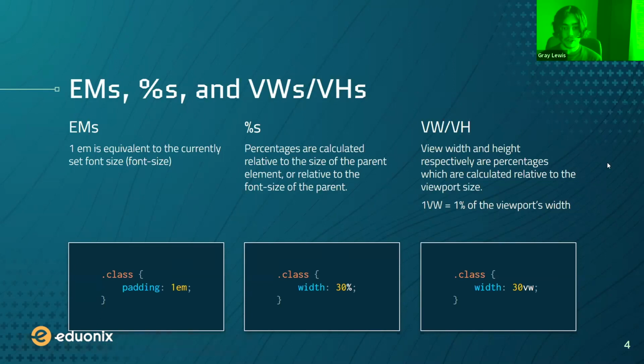If I had a browser open on this page and it was maximized, then this entire screen would be my viewport. So if I define this element's width as 30 view widths, that means that it's going to be 1/3 of my entire screen. So that's useful because it allows us to ignore where in the hierarchical structure we are. So with percentages, it's relative to the parent element. And with view widths and view heights, it's relative to the entire browser window.